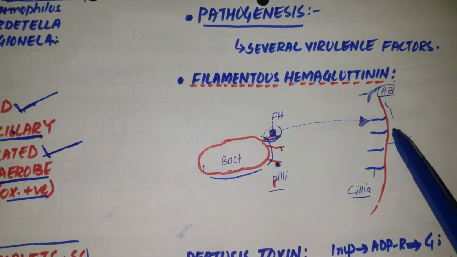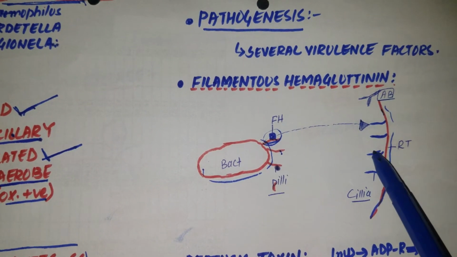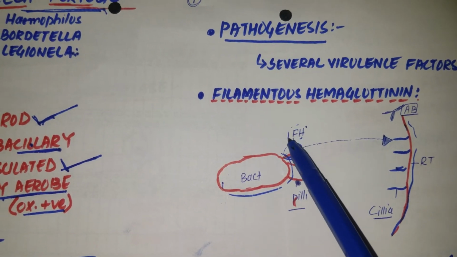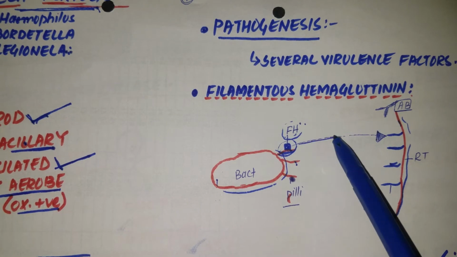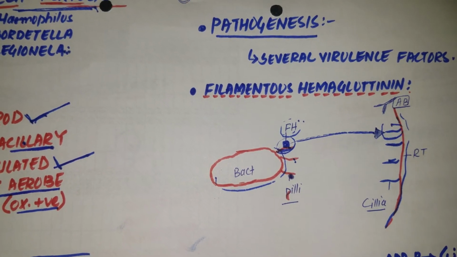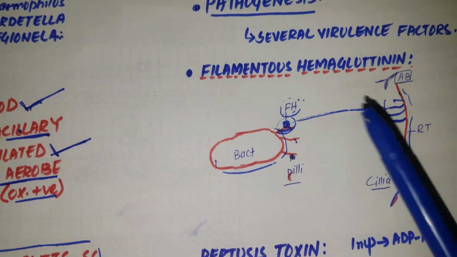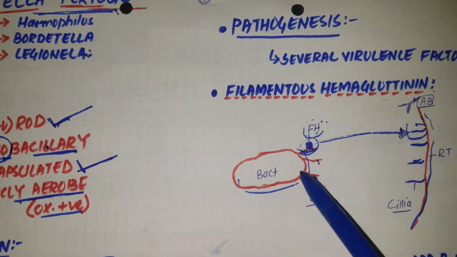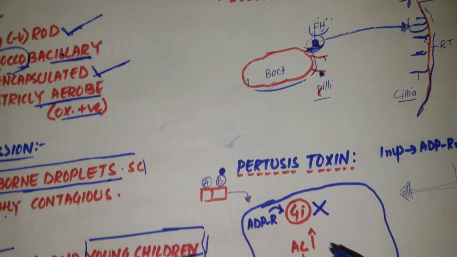Let's suppose this is the respiratory epithelium, and these are the cilia. Filamentous hemagglutinin on the villi attaches the bacteria to the cilia, so the cilia become less motile and the symptoms of the disease appear. So filamentous hemagglutinin helps in attachment of the bacteria to the epithelial surface of the respiratory tract.